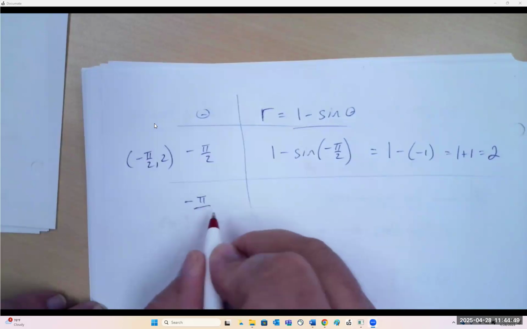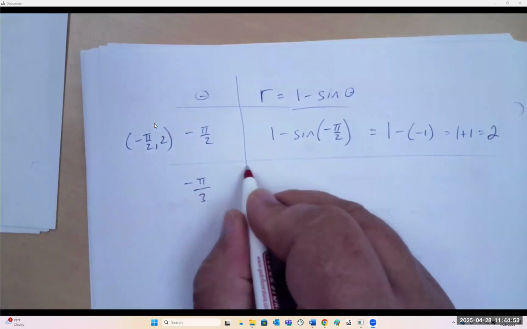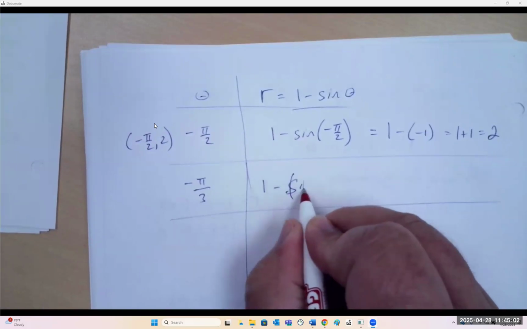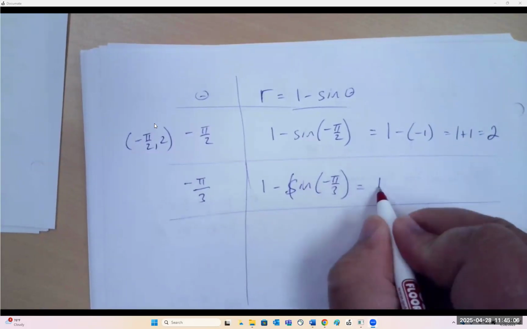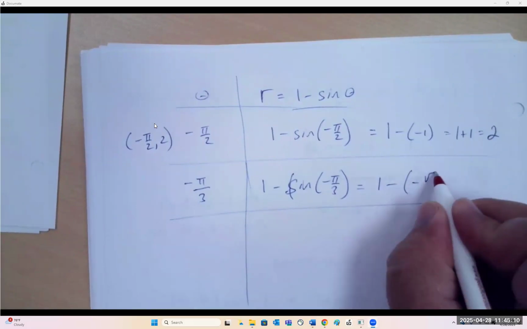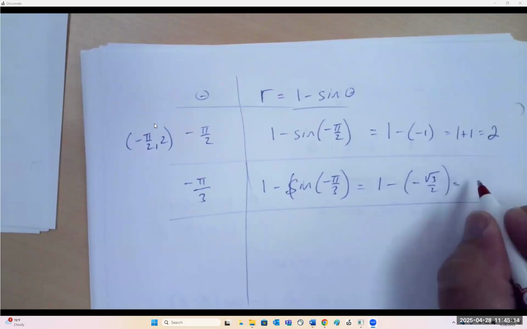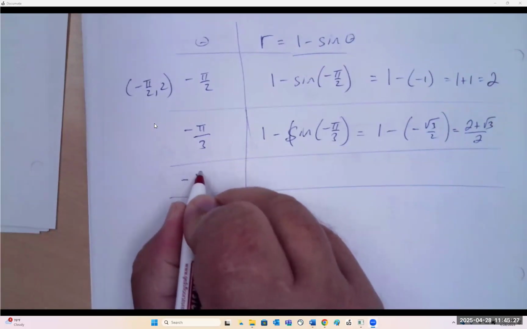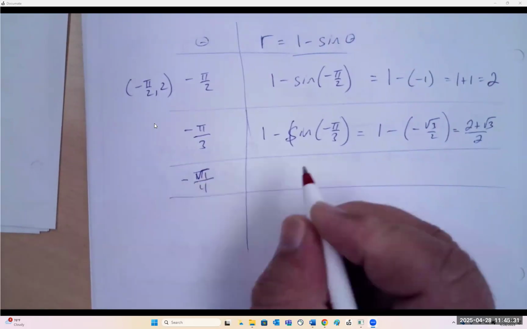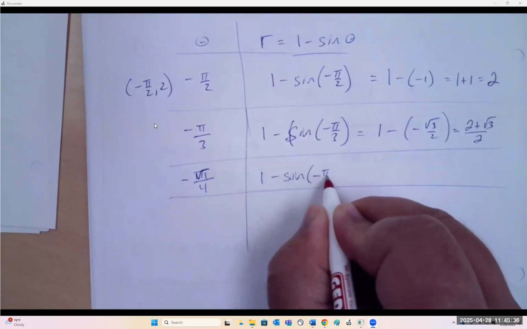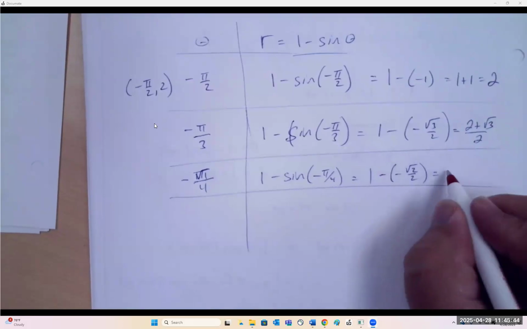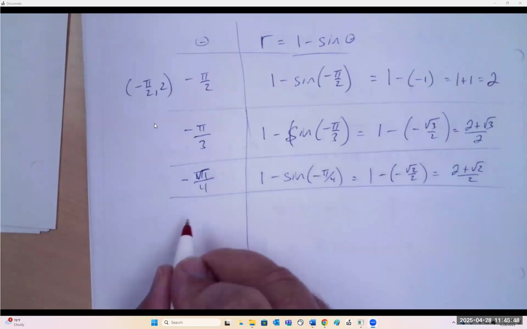At negative pi over 3, sine is negative, so it's 1 plus radical 3 over 2. At pi over 4, radical 2 over 2, so 2 plus radical 2 over 2.